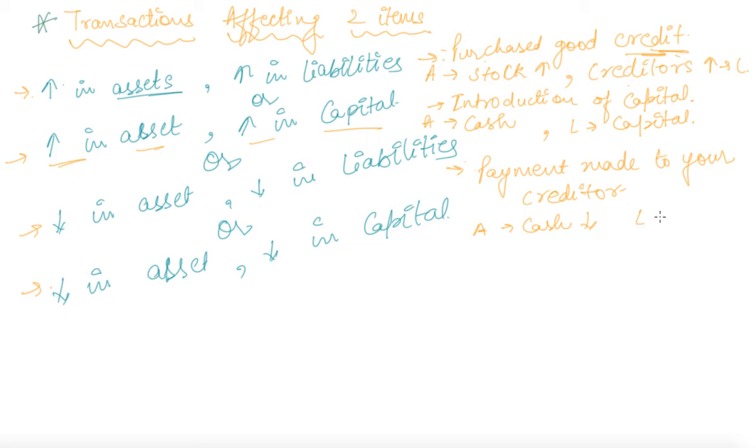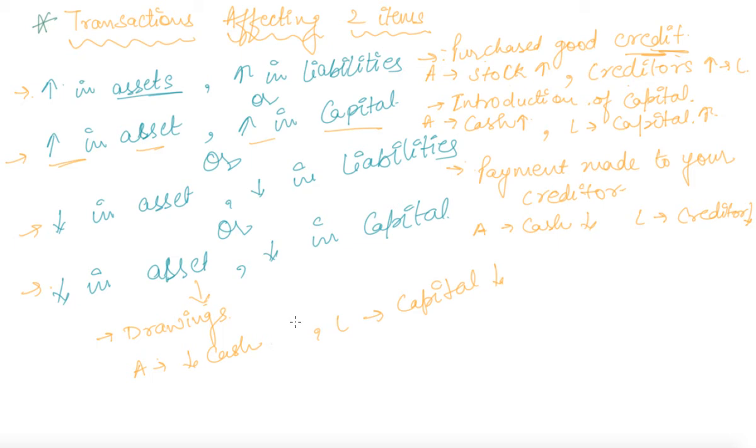Similarly, on the liability side, your creditors will be reduced. Similarly, for the decrease in asset with the decrease in capital, we can take the example of drawings. If the owner introduces some capital, then the capital as well as the cash increase. Similarly, if the owner withdraws his capital, then on the asset side the cash will be reduced, and on the liability side the capital will be reduced.